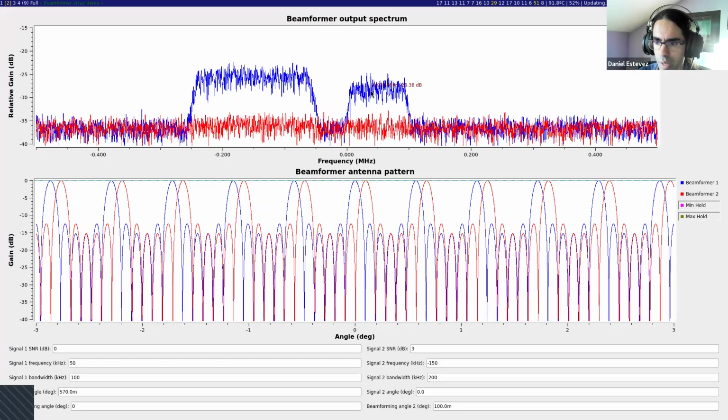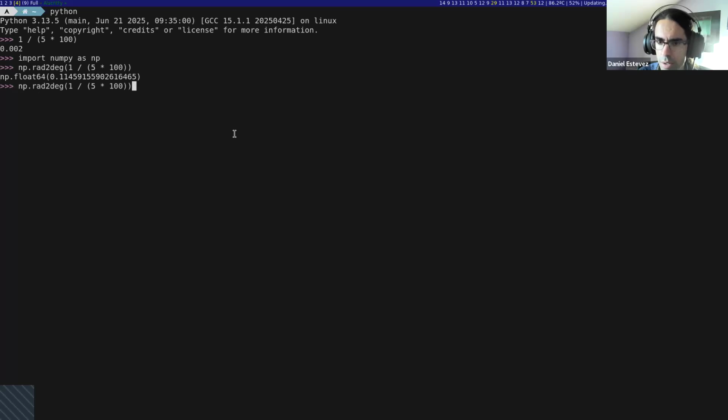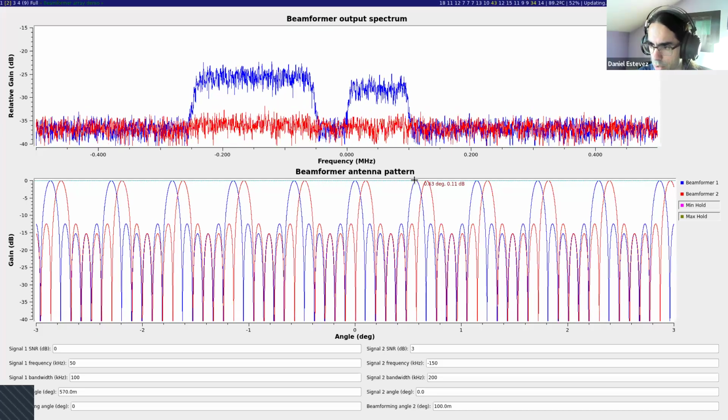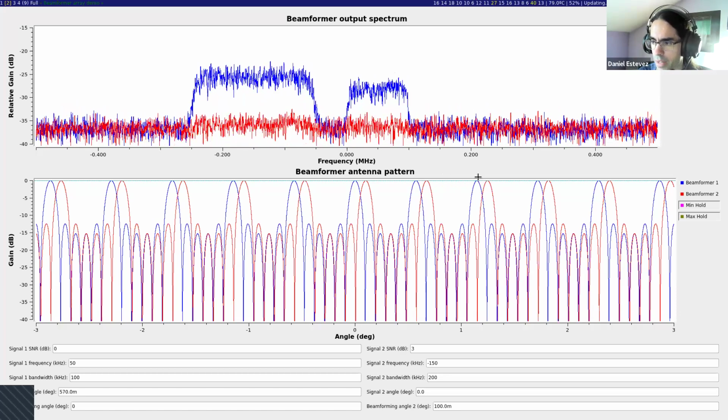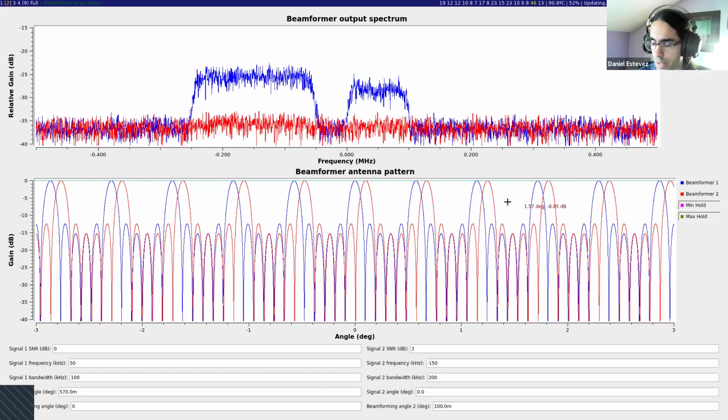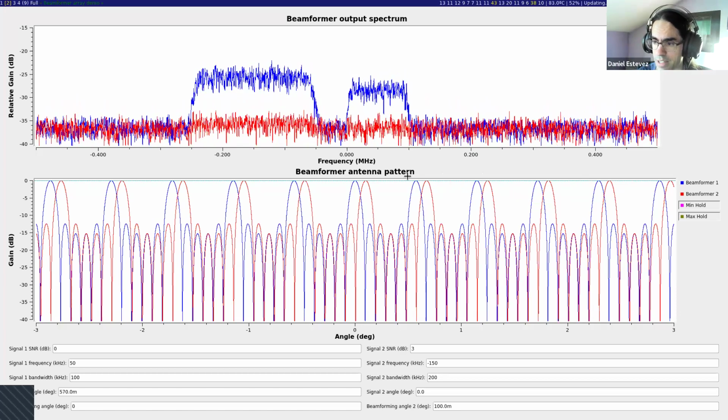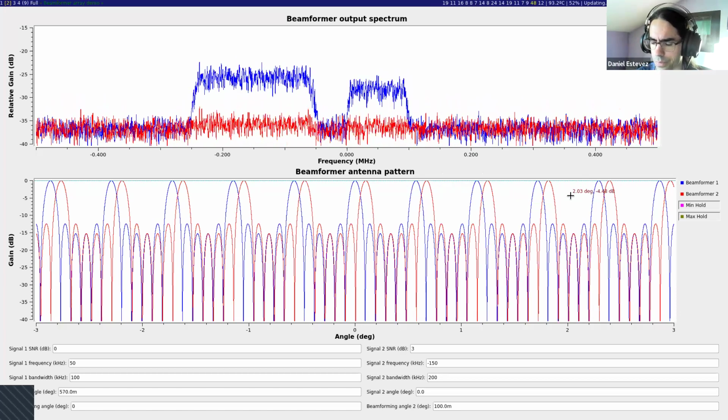And then when I go to my Python, and where's Python? Here. And I do 1 divided by 100, how much is that in degrees? That is 0.572. And no coincidence that on 0.572, I have my first grating lobe, and then the remaining are multiples, at least for small angles.